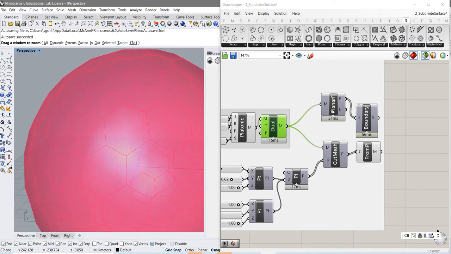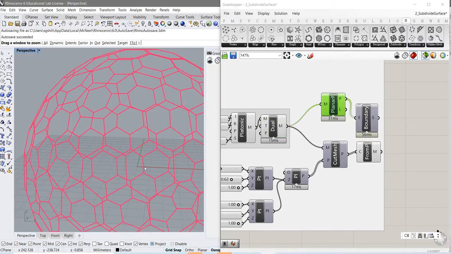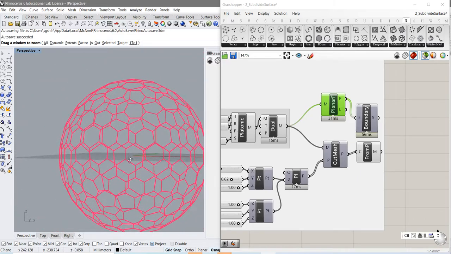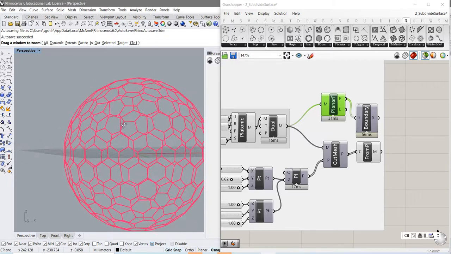Okay, and now we can try to find planar. Okay, planar, you see the explanation? Planar ties neighbor faces NGons. So you don't see it, but I think we can preview it. Okay, now you see it. It looks similar, but somehow it tries to planarize these polylines.